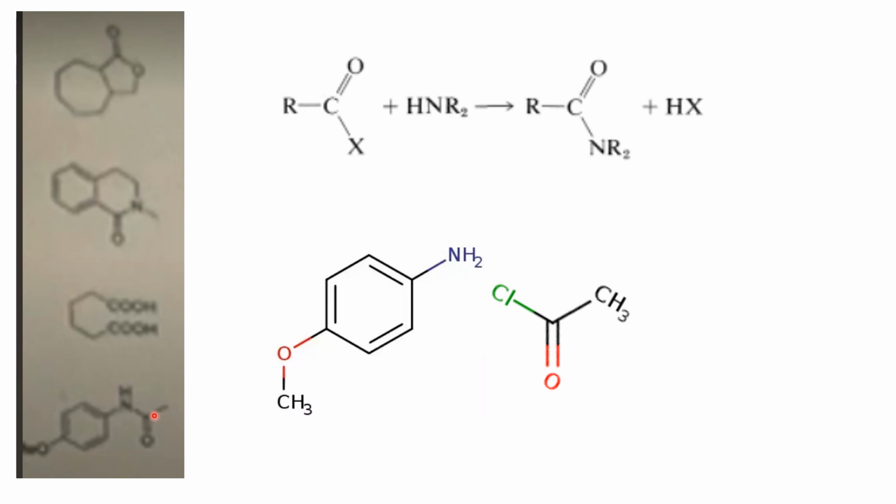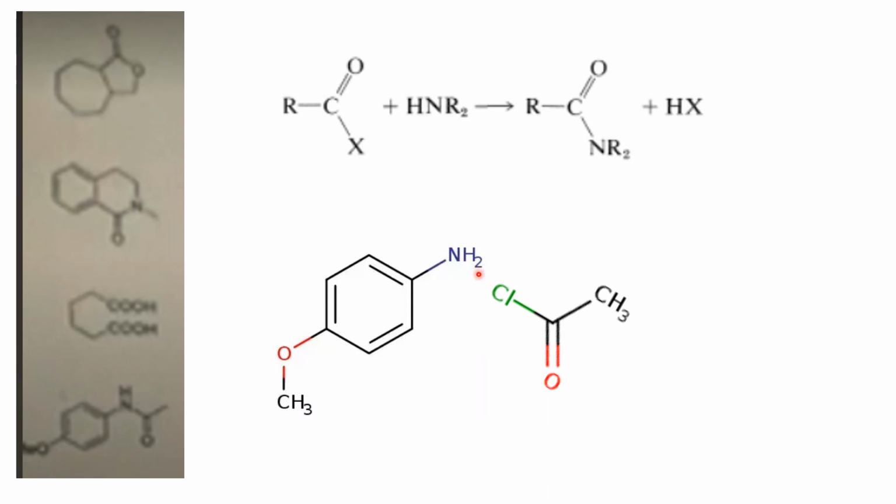So your acid halide should contain dalawang carbons. Ito, 1, 1, 2. So this can be your acid halide. Dalawang carbons yan. This is your amine group. And the formation of amide will involve this bond.